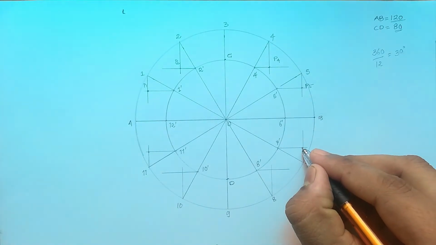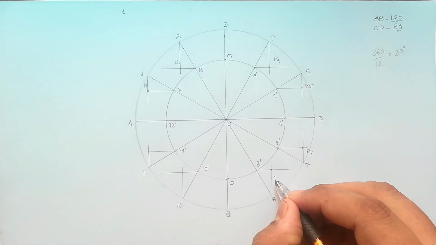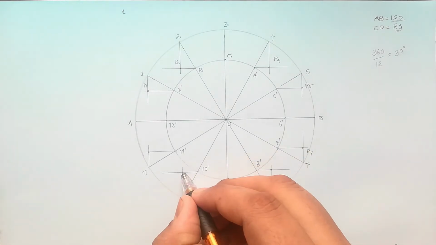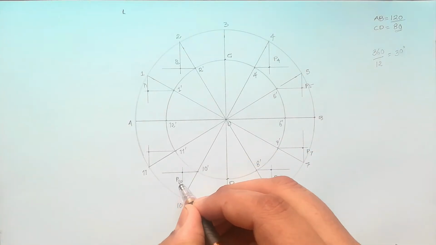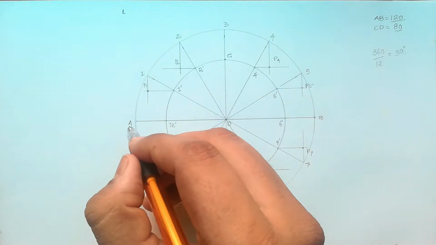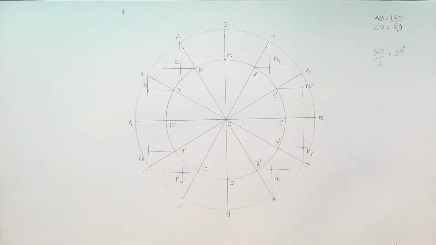This is my 7th point, P7, 8th point. In the same way, the 9th point is the minor axis end point. The 10th point is over here, P10. 11th point, P11. And the last point, P12, is itself the major axis point A.